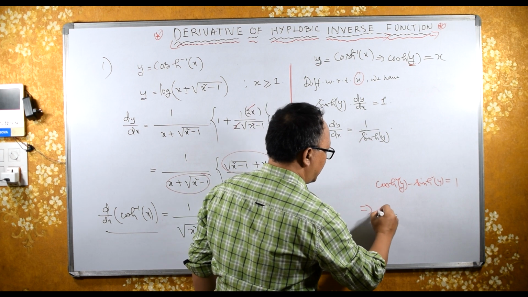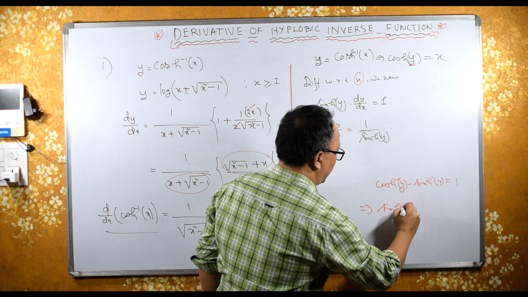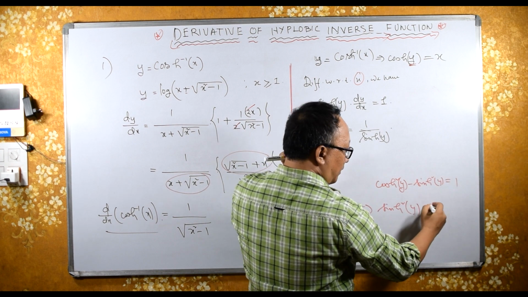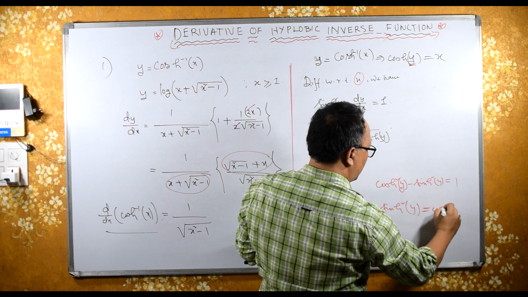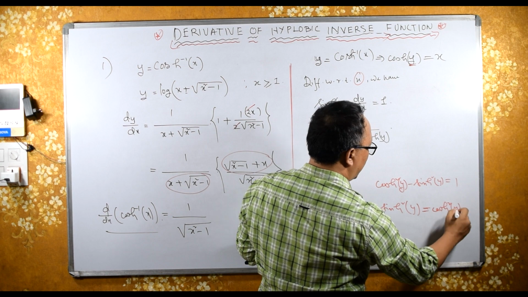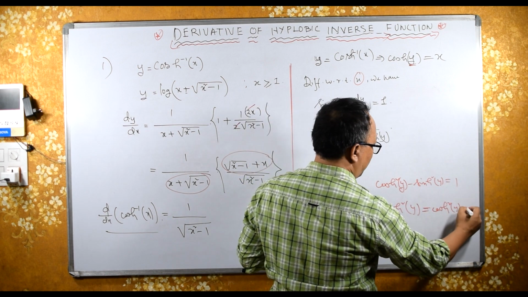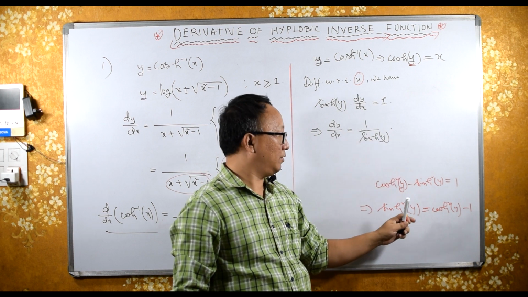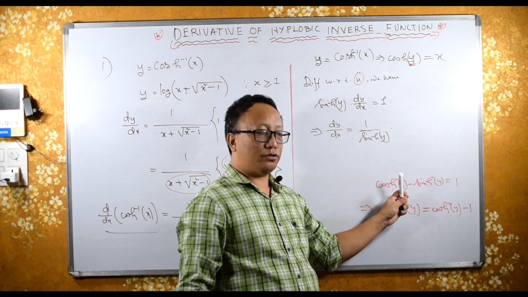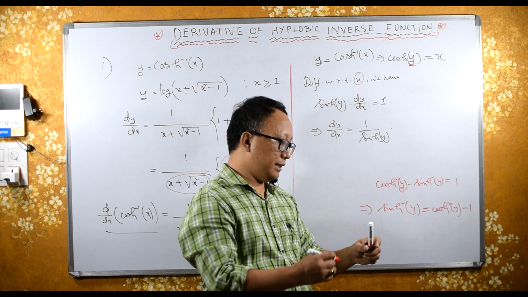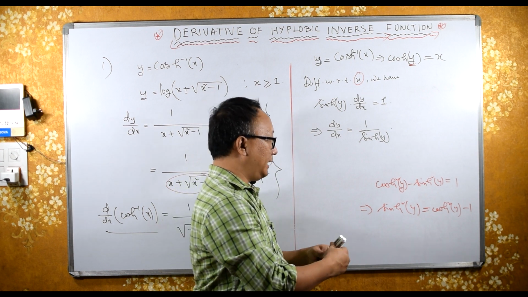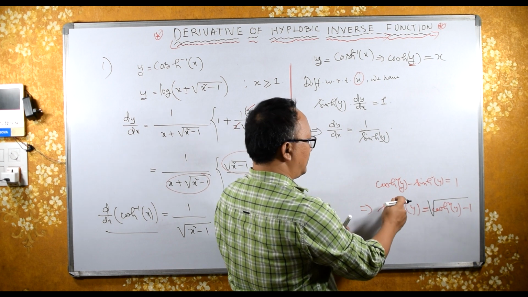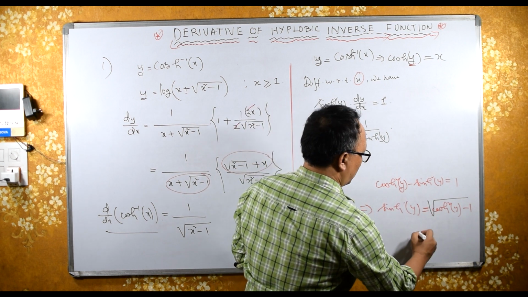This implies sinh square y equals cosh square y minus 1. Since I need sinh y, I need to remove the square, so taking square root on both sides, the square root and square get cancelled. Sinh y equals square root of cosh square y minus 1.